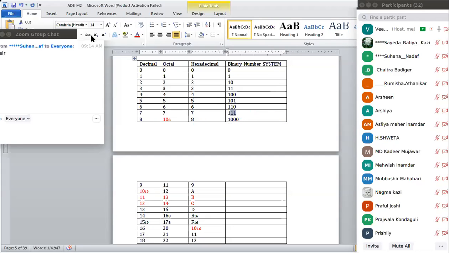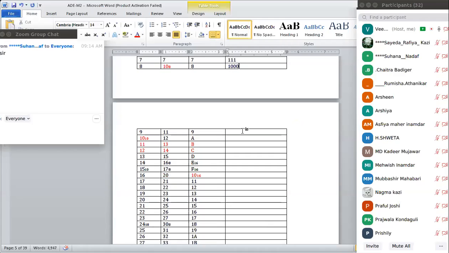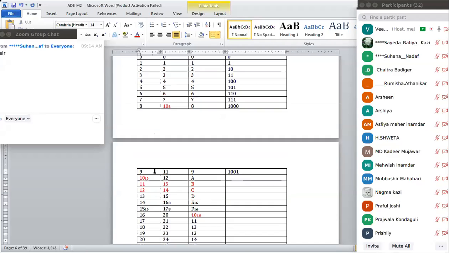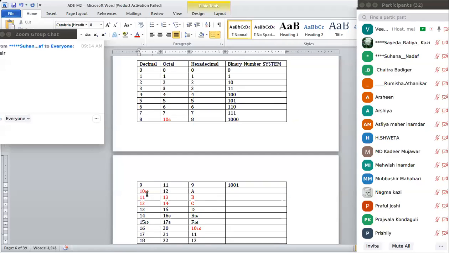So 1000 will give me the value 8. Then it goes on like that. Here 9 is 1001. Then after 9, we don't have another number in decimal number system. So it will be 10. After 9 it will be 10 in decimal number system, but in octal number system it is going to change. The 10 in decimal number system is represented as 12 in octal number system and A in hexadecimal number system, and here it is just a combination of binary digits 1010.